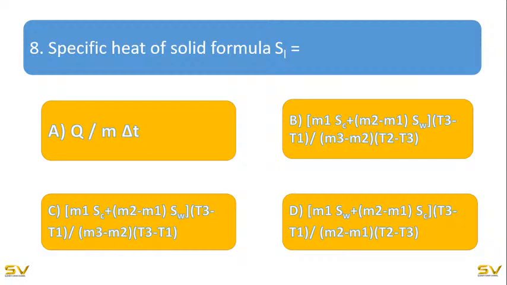So which is the correct option to find the specific heat of solid? Is it option A, option B, option C, or option D?